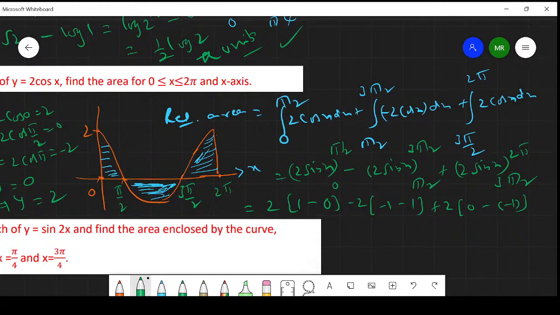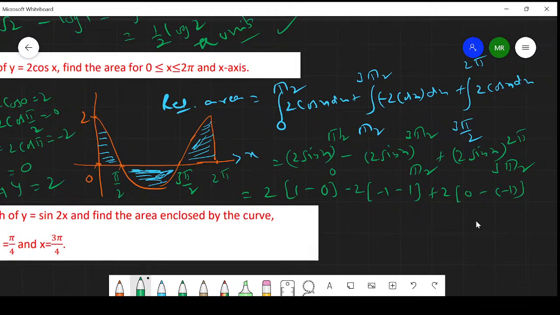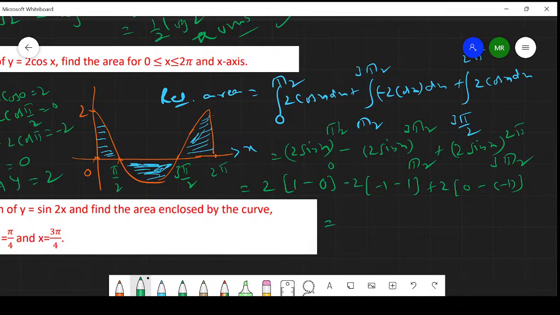Now if we substitute the values, you simplify the total. So 2 plus 4 and 2, total 8 square units. Your answer is 8 square units.